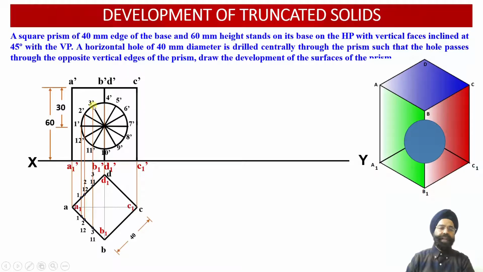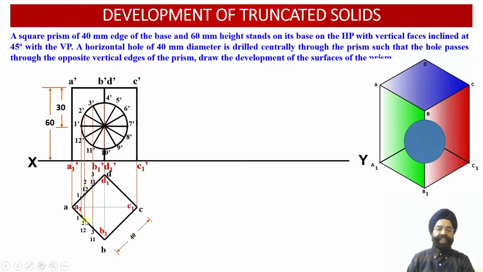So the next 2 points of intersection are 3 dash and 11 dash. When we look at these 2 points of intersection from the top, we observe that they have coincided with each other in the top view projections. So the points 3, 11 will be available alongside this edge AD at a distance of A to 3, 11, that is on the rear side of this particular solid.